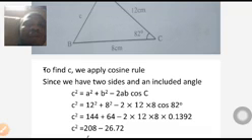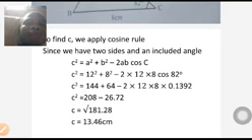Now, we are looking for c, so we have c squared is equal to a, which is 12 cm, squared, plus b, which is 8 cm, squared, minus 2 times 12, which is a, times 8, which is b, cos C, angle C, which is 82. Then 12 squared is 144, 8 squared is 64, minus 2 times 12 times 8 times cos 82 degrees, which is 0.1392.